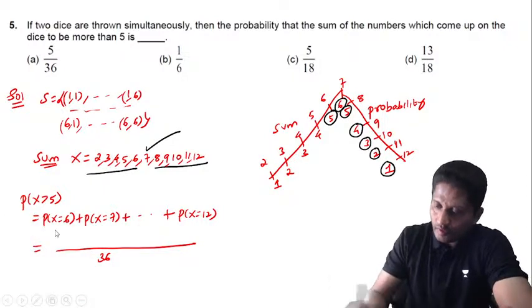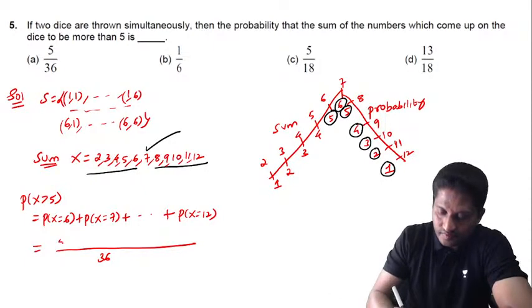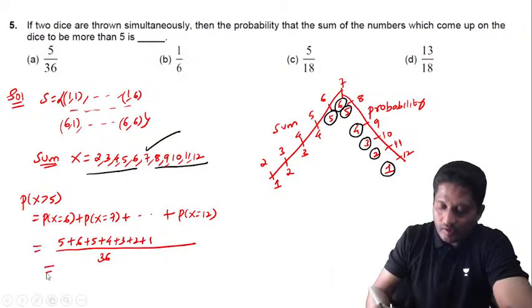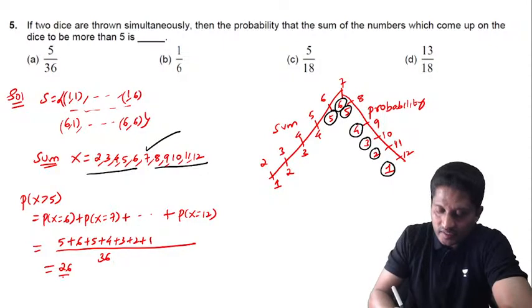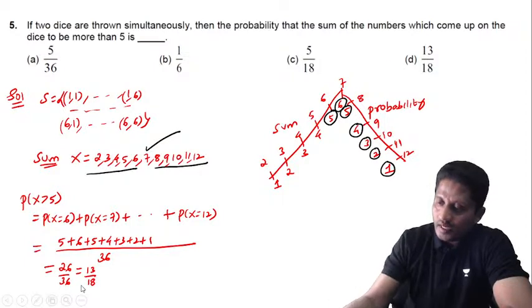So you get 5 plus 6 plus 5 plus 4 plus 3 plus 2 plus 1. You add all this, you get 26 by 36, which is equal to 13 by 18. Answer is option D.